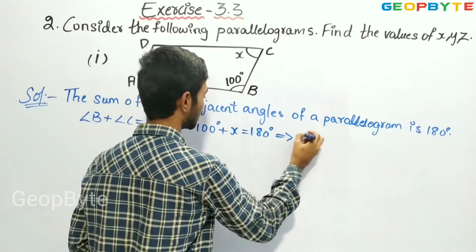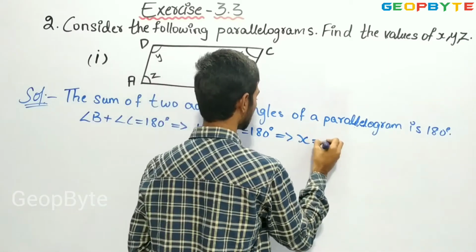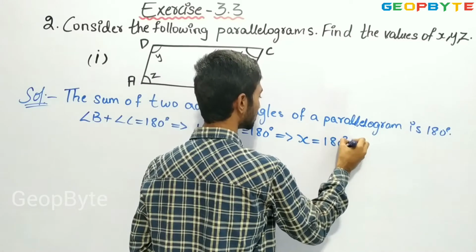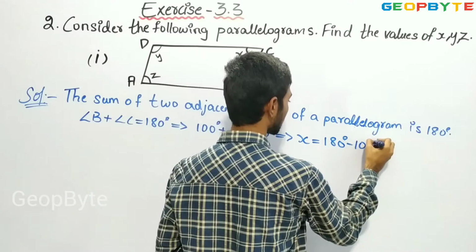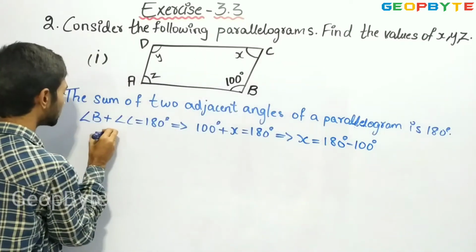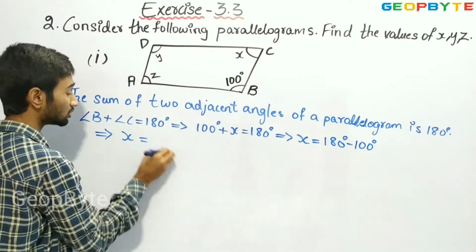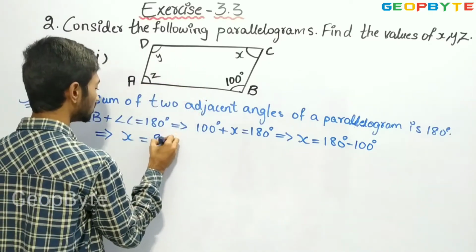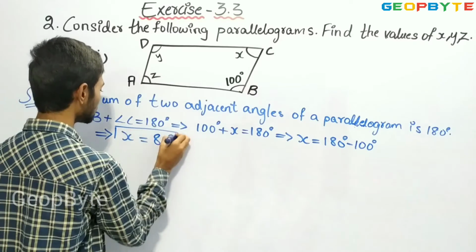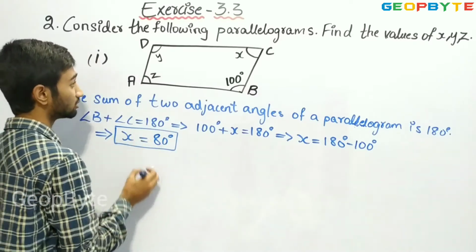That is, x is equal to 180 degrees minus 100 degrees. So x equals 180 minus 100, which is 80 degrees. So we got the value of x equal to 80 degrees.